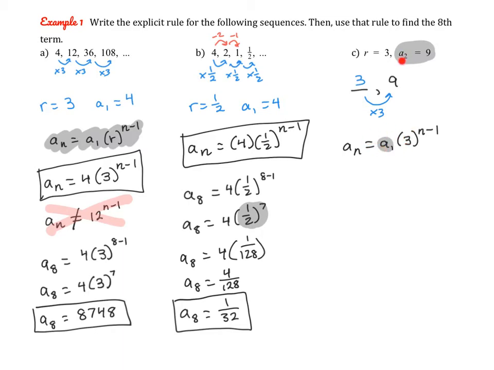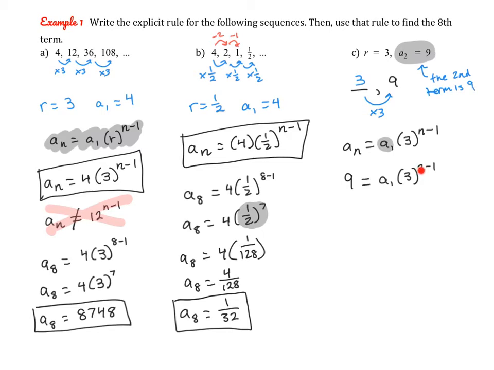So this is telling us that the second term is 9. So this says when n is 2, our term is 9. So we can replace a sub n with 9 equals, a sub 1 is what we're solving for, times 3 to the power of 2 minus 1. Remember, when we see this, it means the second term is 9.